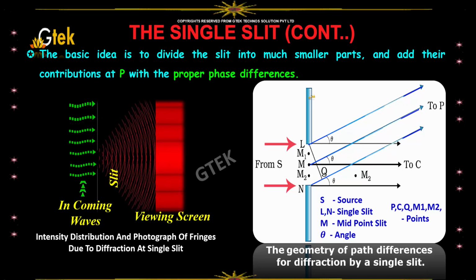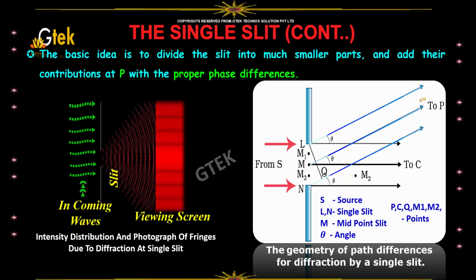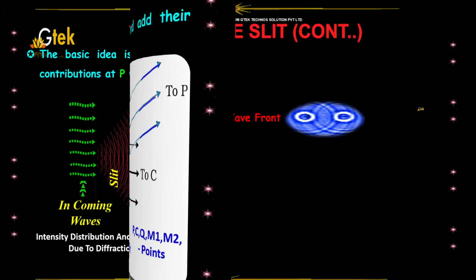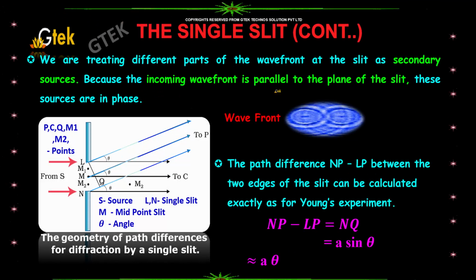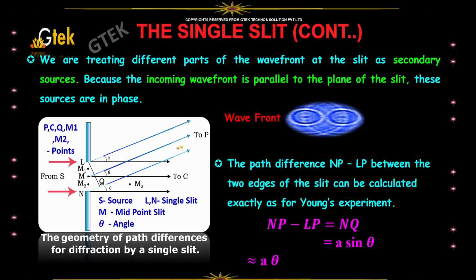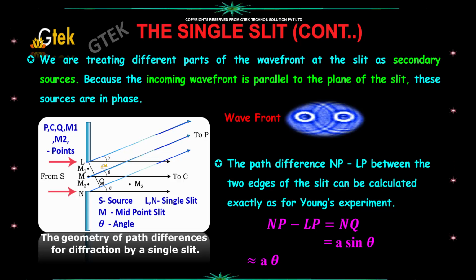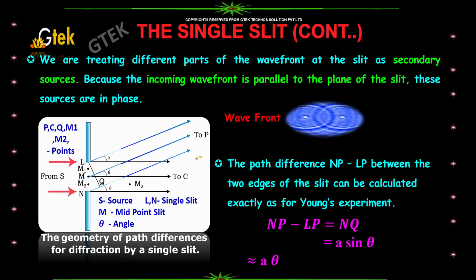The basic idea is to divide the slit into much smaller parts and add their contributions at P with a proper phase difference. We are treating different parts of the wavefront at the slit as secondary sources. Because the incoming wavefront is parallel to the plane of the slit, these sources are in phase.